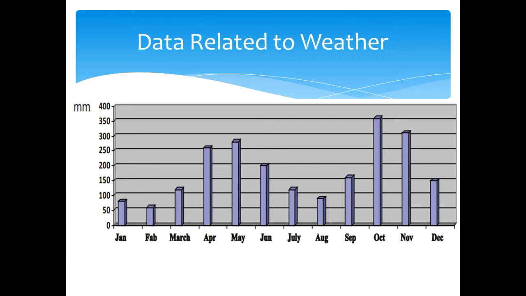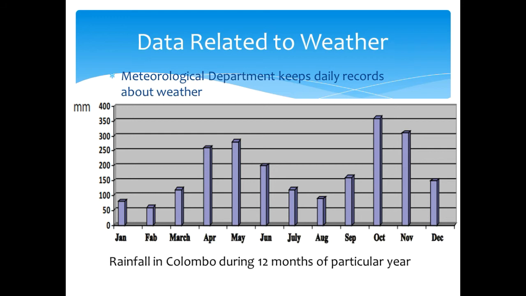Data related to weather. Meteorological department keeps daily records about weather. This graph shows rainfall in Colombo during 12 months of a particular year. Can you answer some questions based on this chart? Okay, question number 1. What is the month with the highest rainfall?